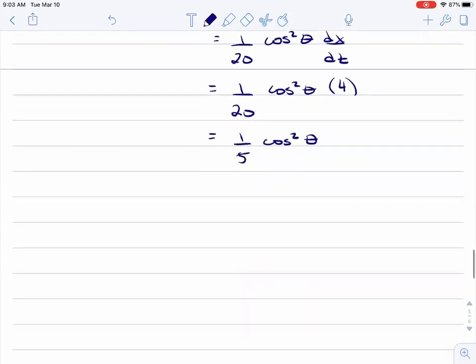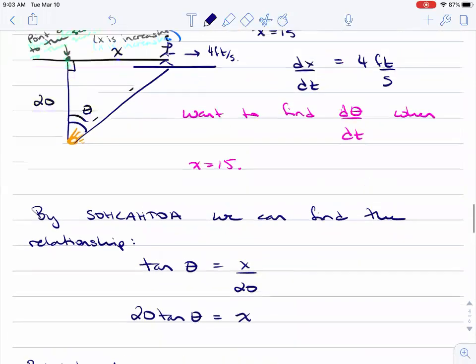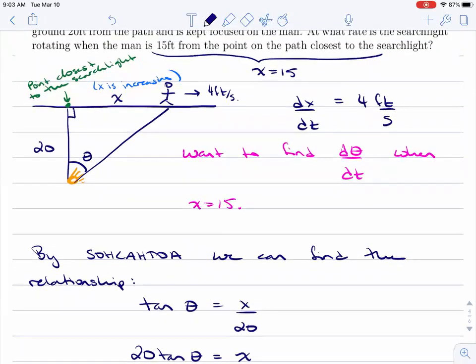We still need to find theta when x is 15, right? Because remember, that's another thing that we were given. That's the time point that we want this thing at. So we want to find d theta dt when x is 15. When x is 15, tan theta is 15 over 20.